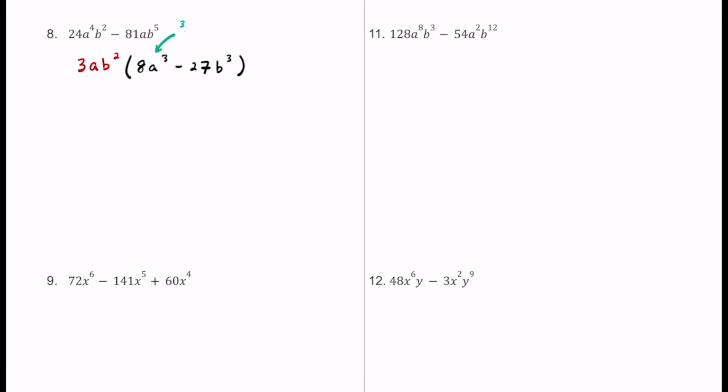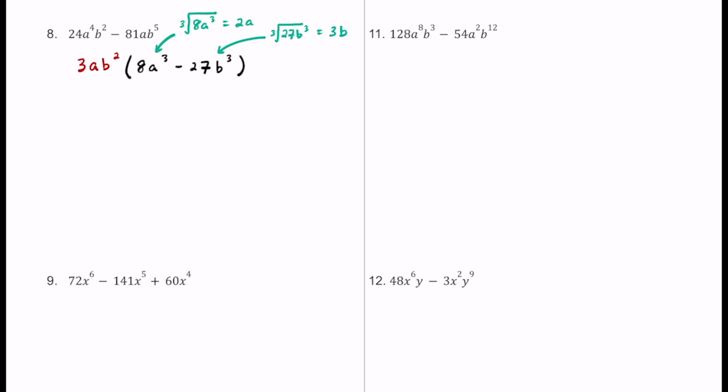The cube root of 8a to the third power is just going to be 2a, right? That's the cube root. And then for this 27b to the third power, let's take the cube root. I think that's just going to be 3b. So those are the cube roots of these two terms.